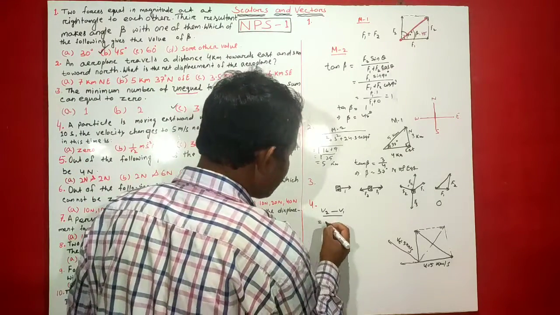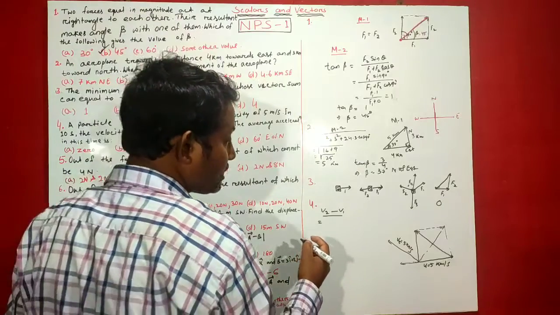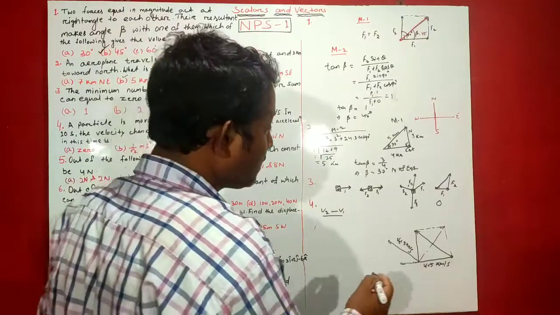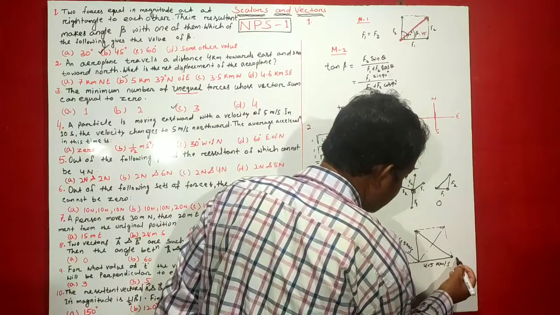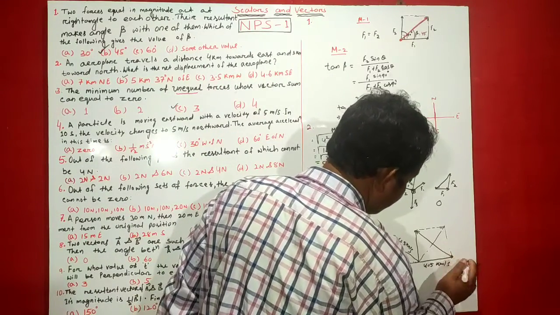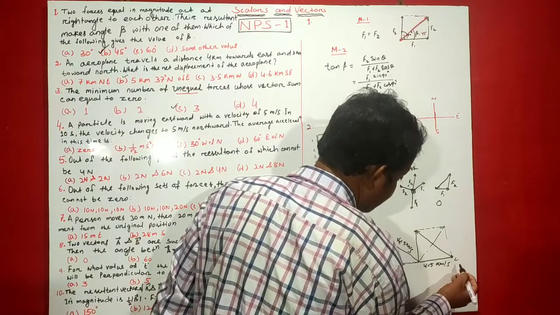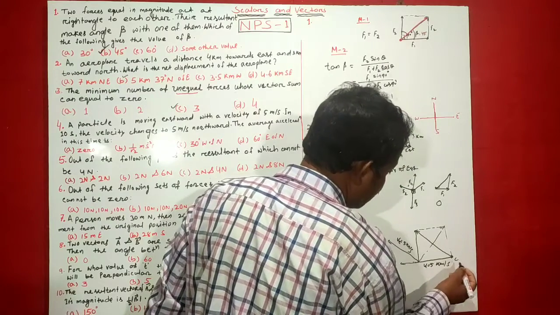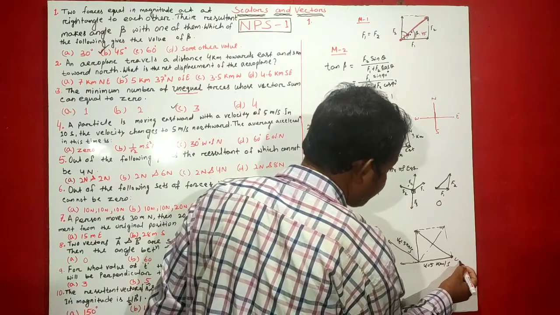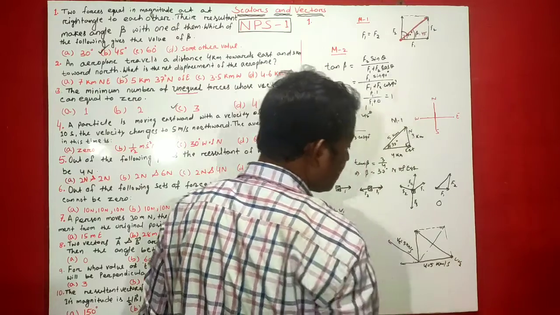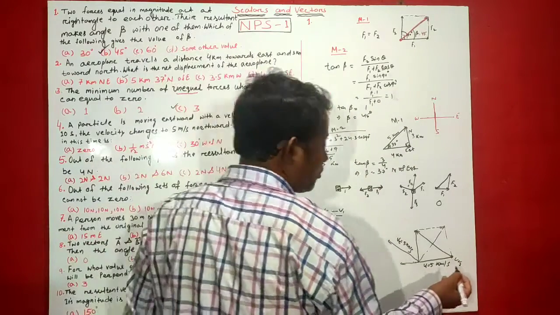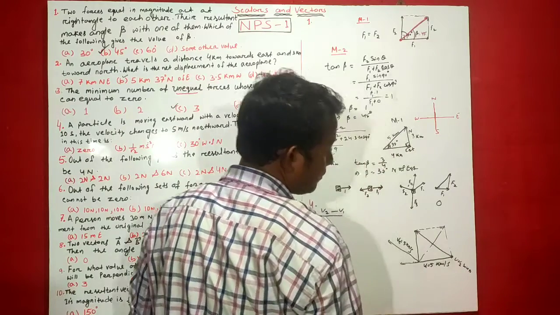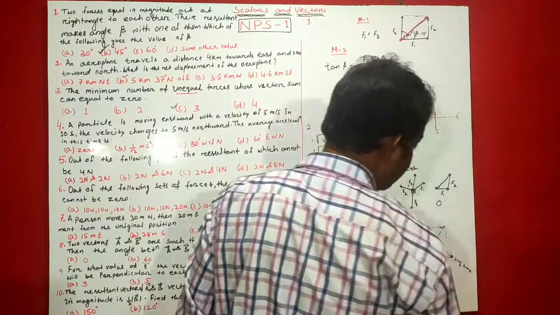So what is V2 minus V1? We know that both are equal, so you can say either V1 or V2, V root 2, sine 90.